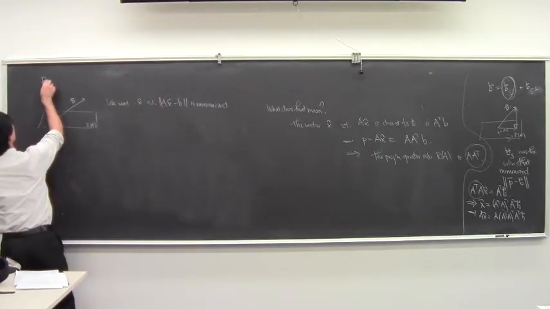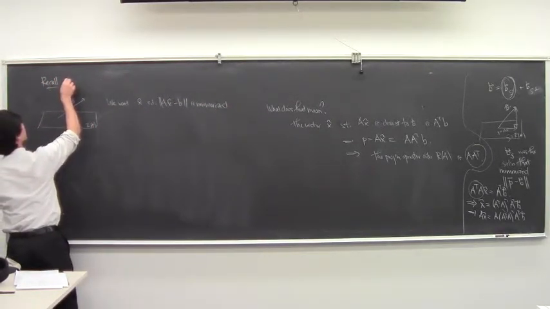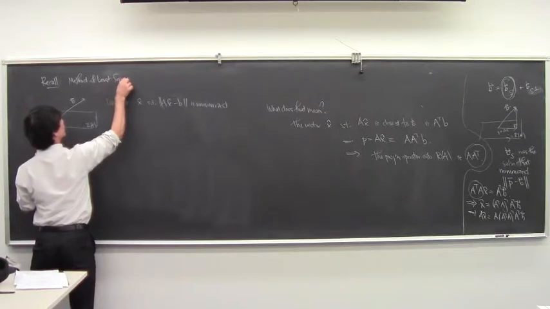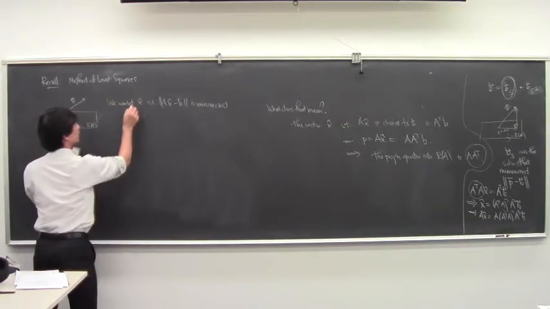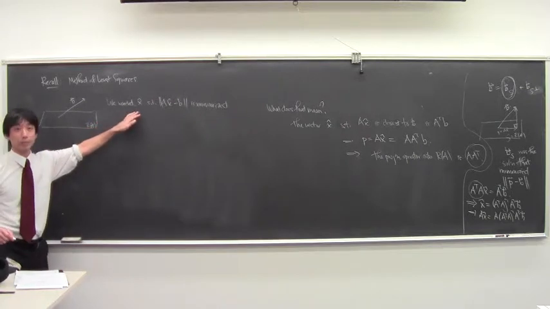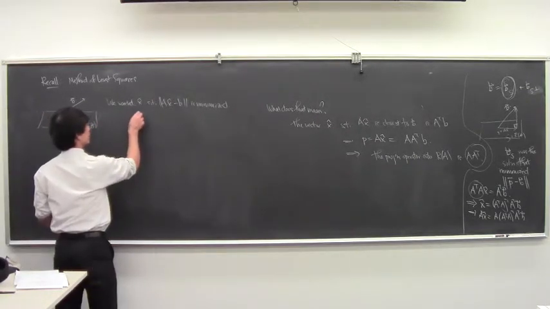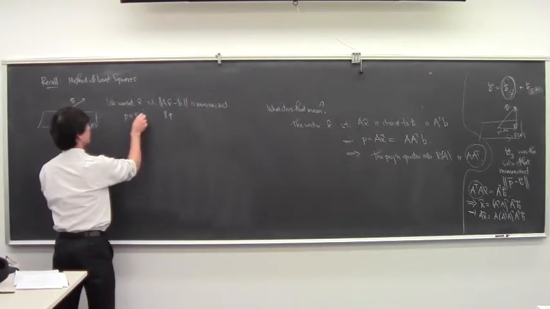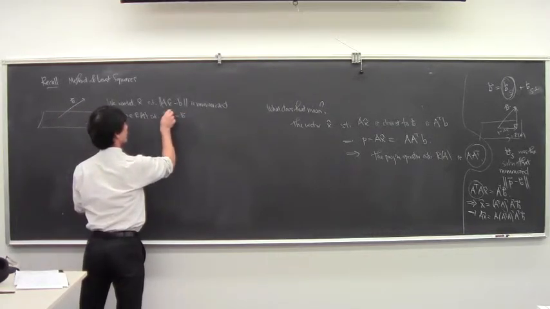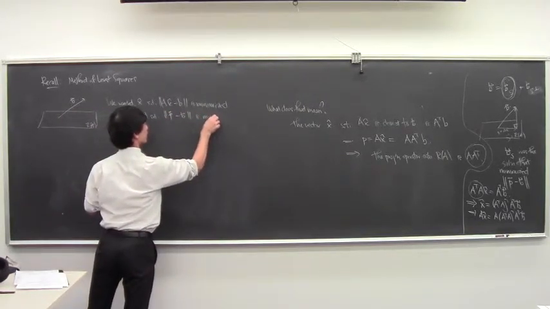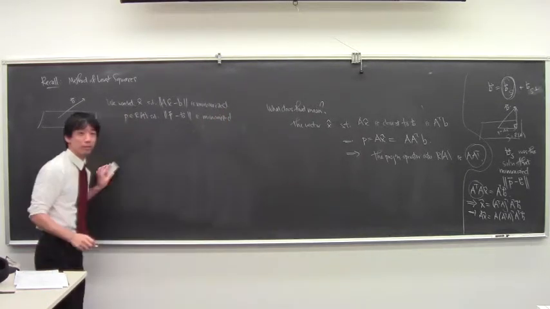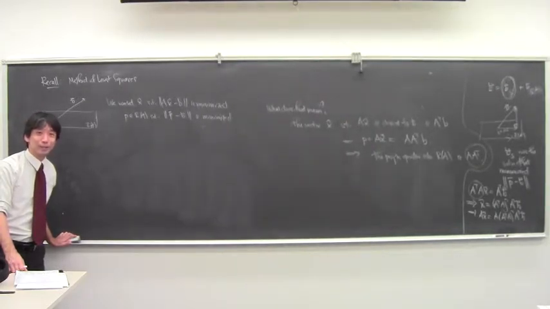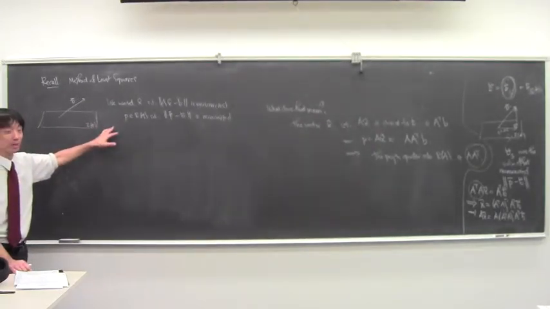That's the method of least squares. Or to say it again, we wanted a P in the range of A so that P minus B is minimized. That's the problem, right?